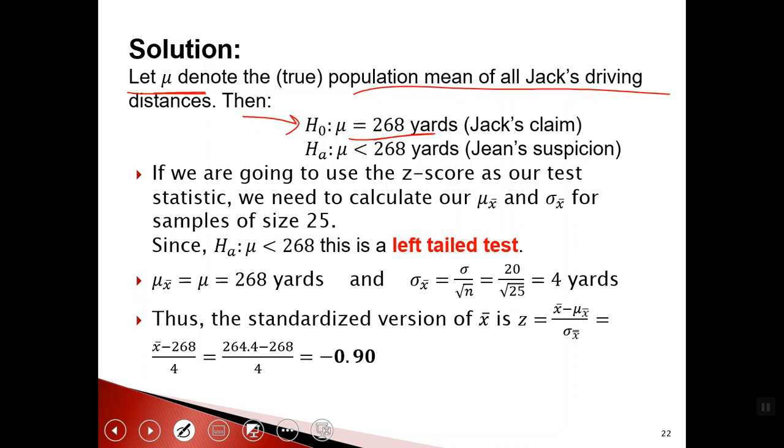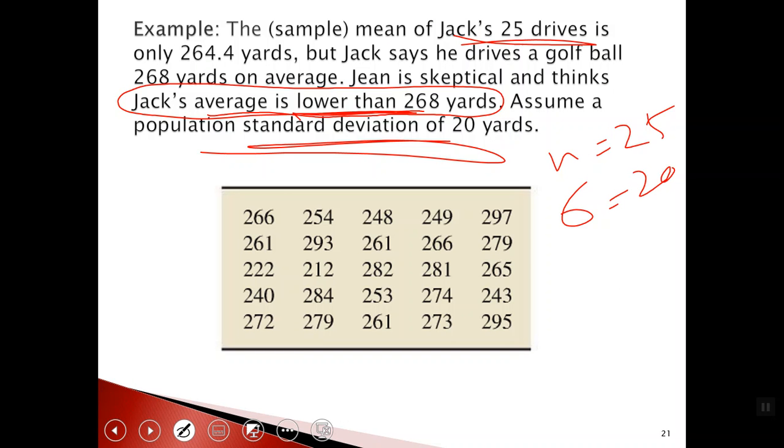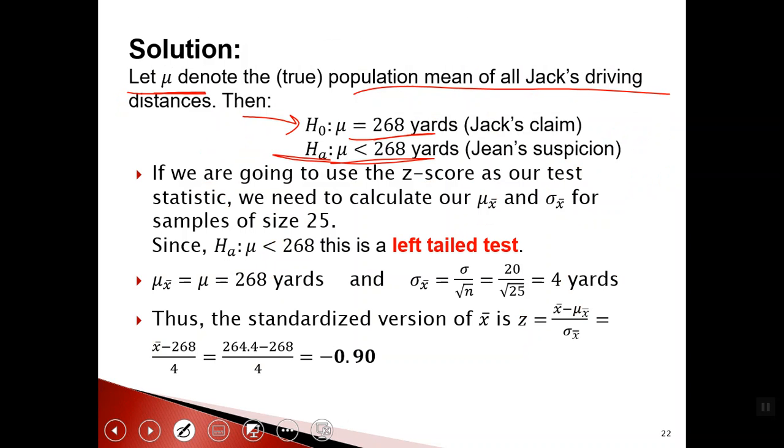Next, your claim, the alternative hypothesis HA, is a left tail test. You need to test less than, so that goes to the alternative hypothesis: mu less than 268 yards. Now you have to find the z score based on your alpha. I think they have given those values, so you don't need that.